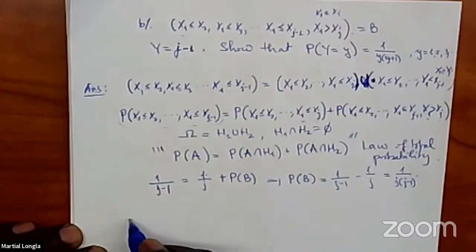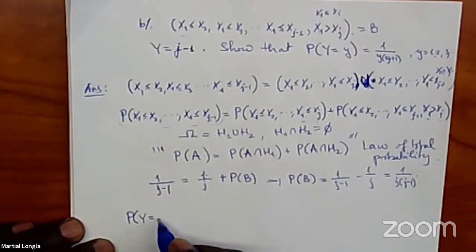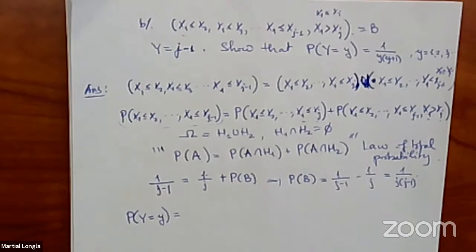But the probability that y equals little y is what?